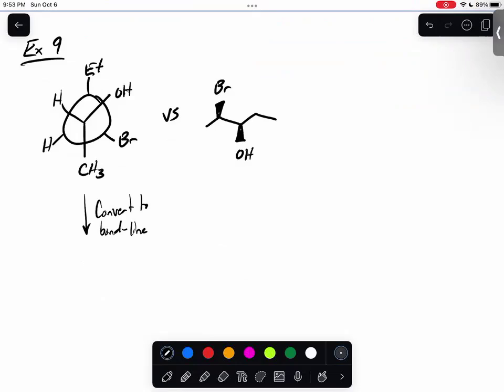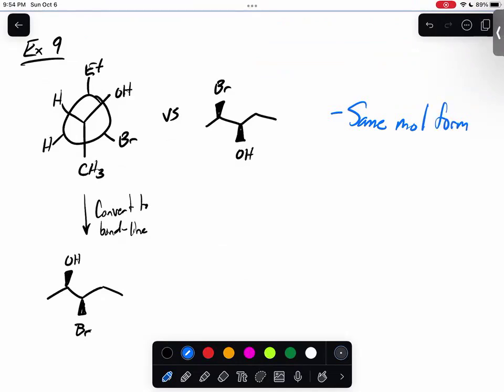And if we do that, what we'll find is, all right, we have our ethyl and our methyl there, and then the OH is on a wedge. The Br is on a wedge. So great. Looking at these two, we can say that they have the same molecular formula, right? The one on the left and the one on the right, they look pretty dang similar.